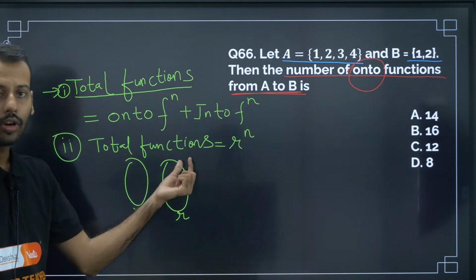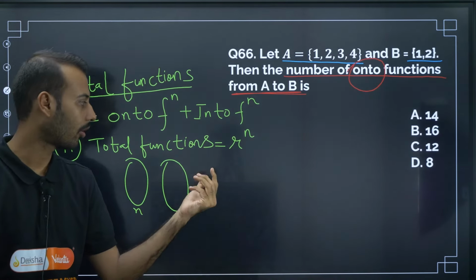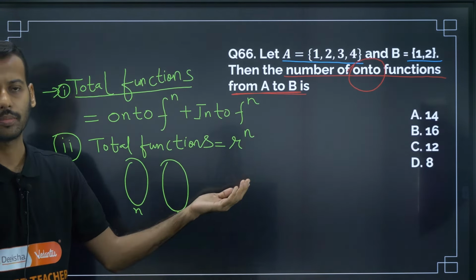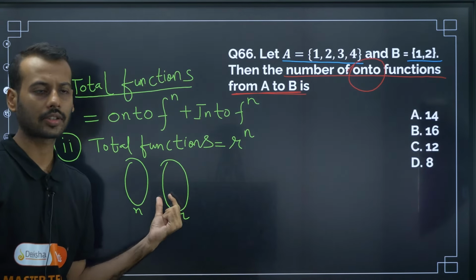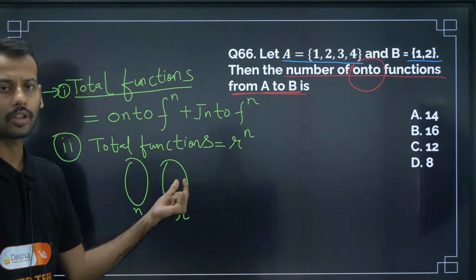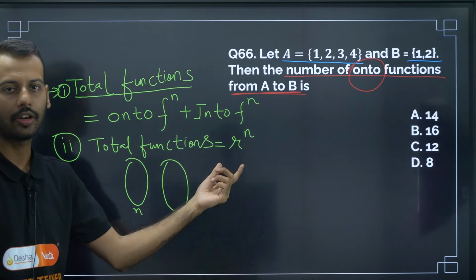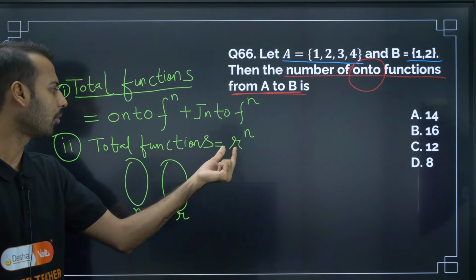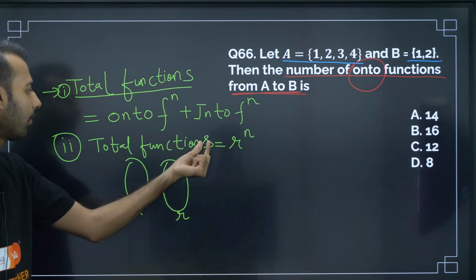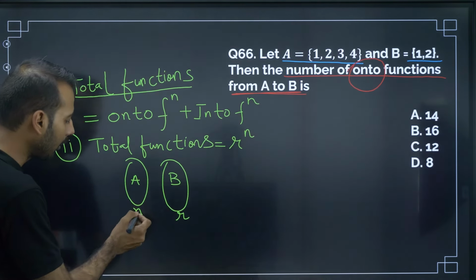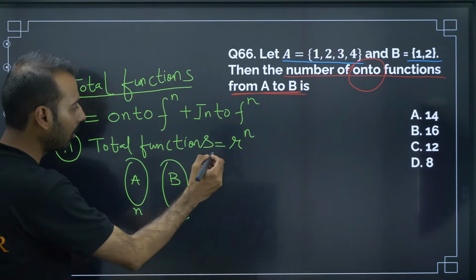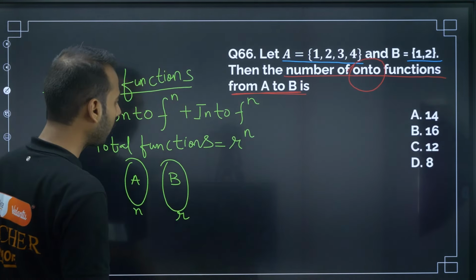So this is synopsis. Explanation right now I cannot give, so you have to accept it as it is. Or if you want an explanation, just take some random 2-3 elements, take 2 elements here and 2 elements here, and try to make the total number of functions. From there you will get to know the total number of functions. If set A has n elements and set B has r elements, then total functions is r power n.